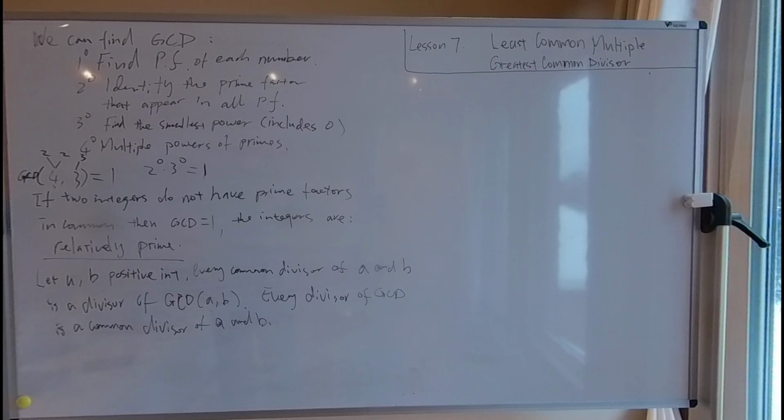So basically, if you're already a divisor of the GCD, then you will always be a common divisor of each number A and B.